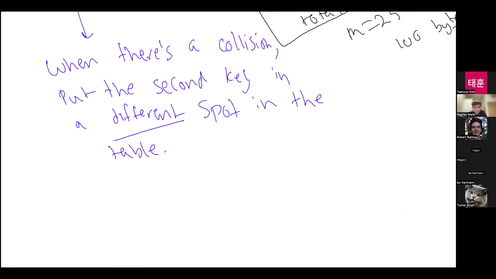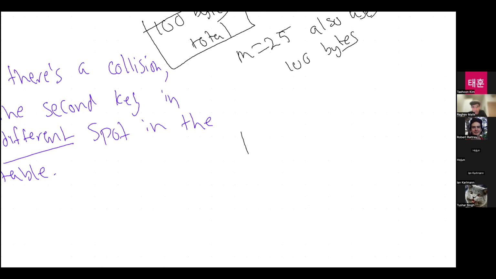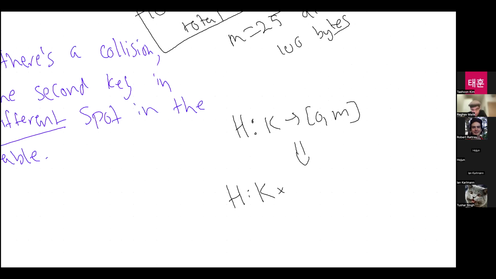So in order to understand this, I'm going to think of my hash function. Instead of going from a set of keys to the range 0 to m, I'm going to think of it as going from a set of keys and a number 0 to m, to 0 to m.